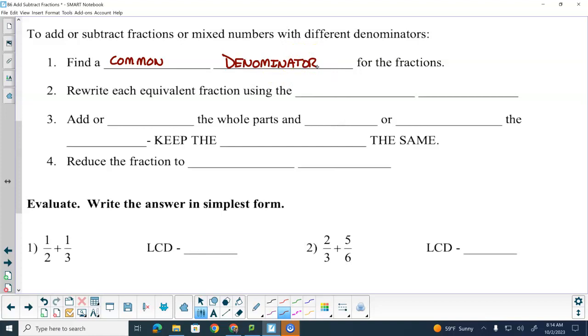The very first thing that you have to do is find yourself a common denominator for your two fractions. You have to get equivalent fractions, is what we're trying to get to. Then, what we're going to do is rewrite each equivalent fraction using that common denominator.